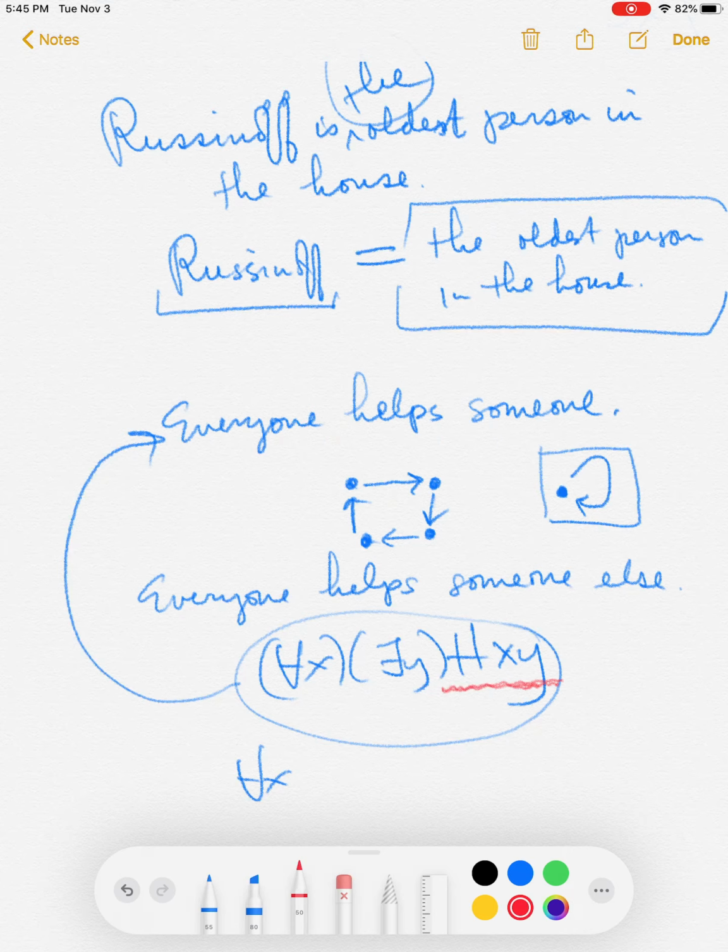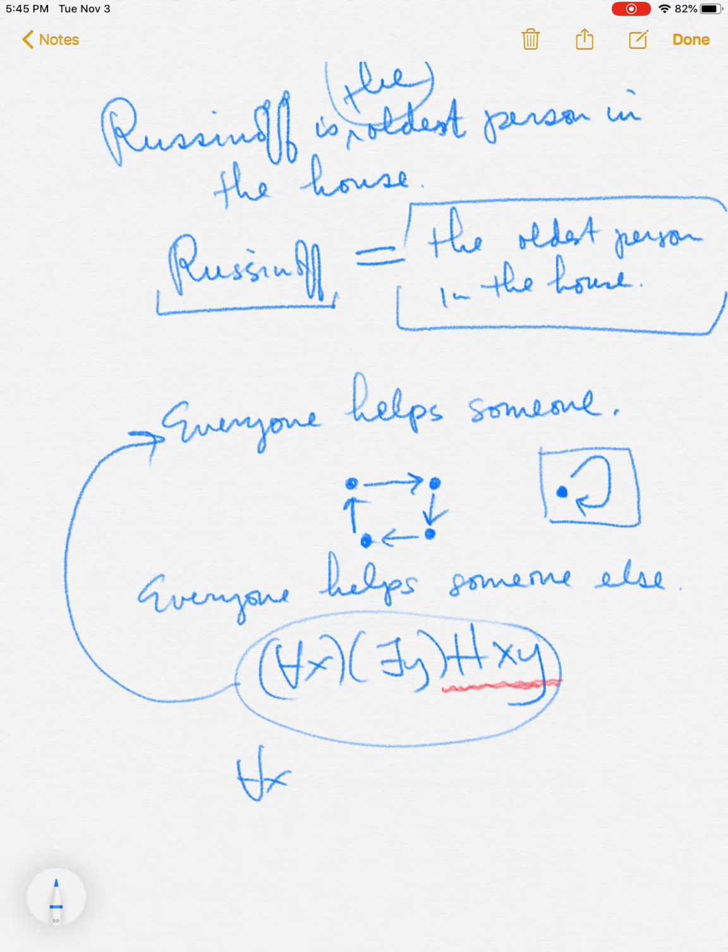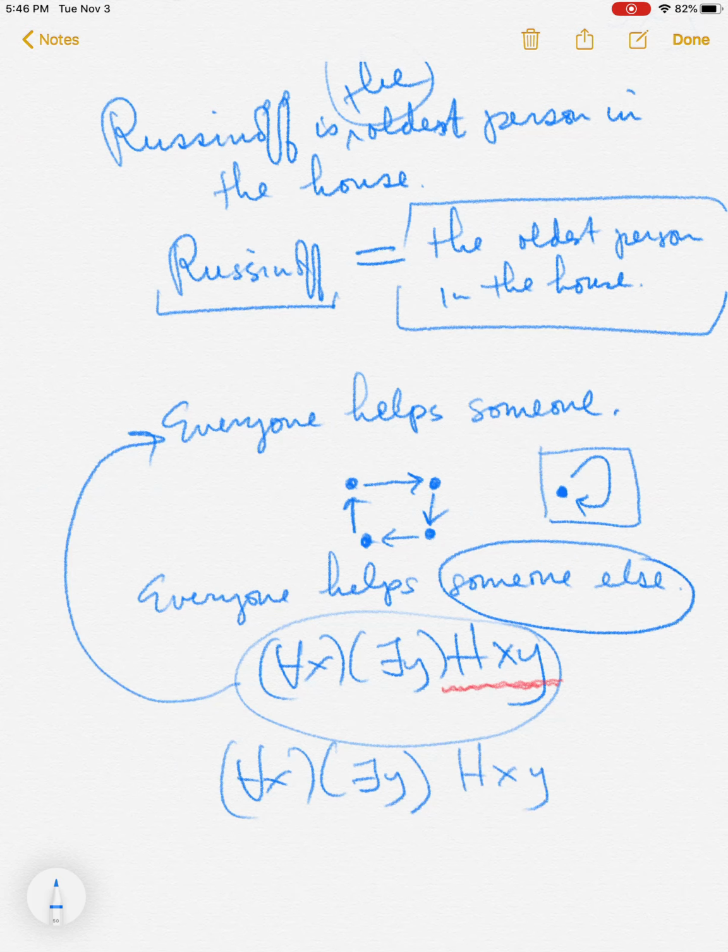How would we say everyone helps someone else? Well, we'd say for all x, there exists a y, and x helps y, but furthermore, x and y are different guys, right? It's not the case that x is the same guy as y. So here I do need the parentheses.